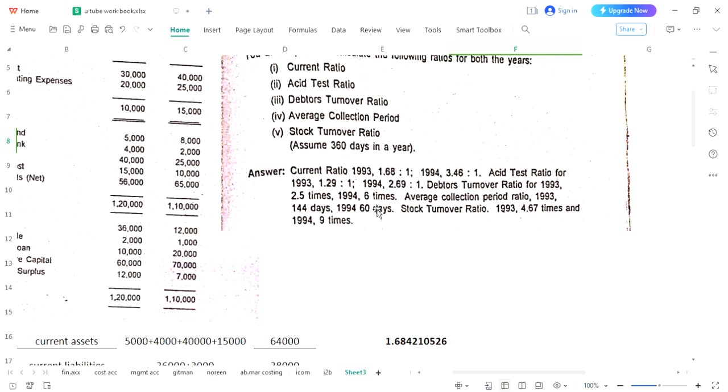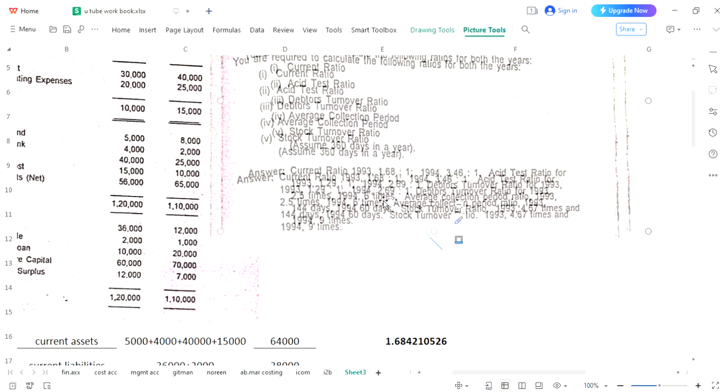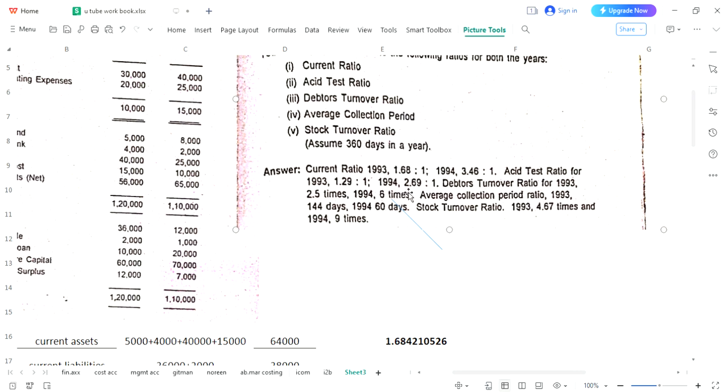But keep it in mind, it's the wrong answer. You are not going to put it. 4.615 is the actual answer, and I am going to mark that it's not the correct answer. I am very hopeful that you will remember it.